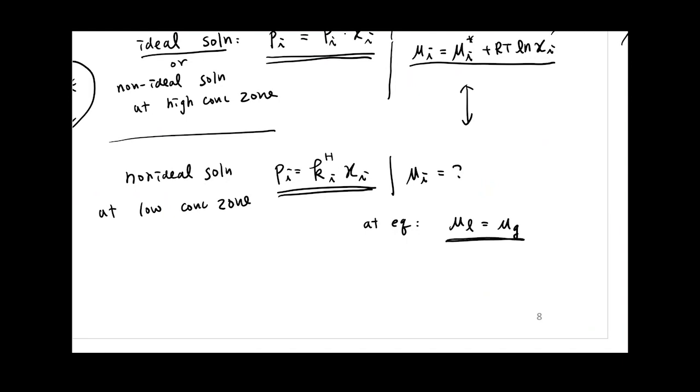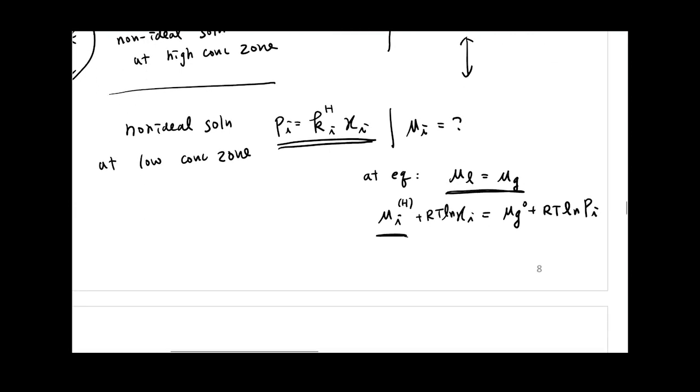So how do we write out your mu_g? Again, mu_g is mu_g naught plus RT natural log P_i, right? And then mu_L will equal your mu_i. Right now it's not pure substance anymore, it's mu_i^H, plus RT natural log x_i. So your reference state is going to change.